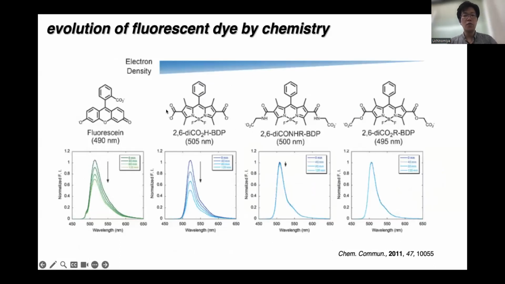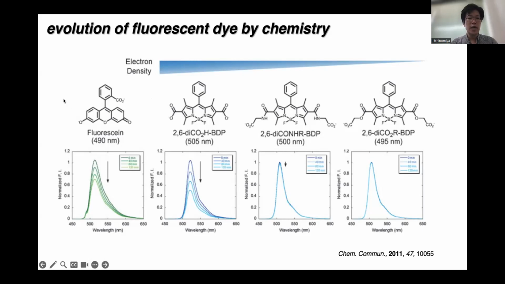To overcome this limitation, chemists developed fluorescent dyes with high photostability. In this paper, the authors introduced an electron-withdrawing group, so the electron density decreased like this.